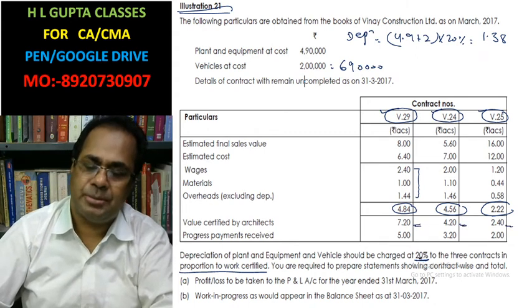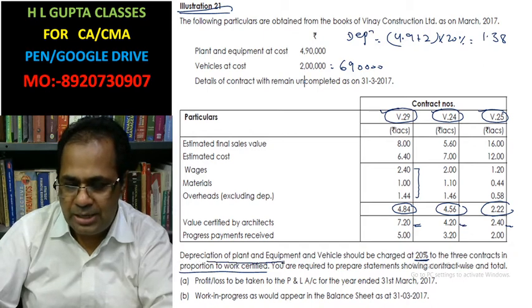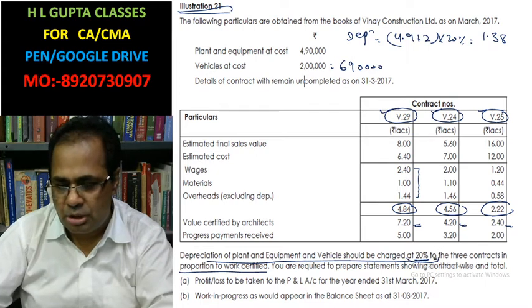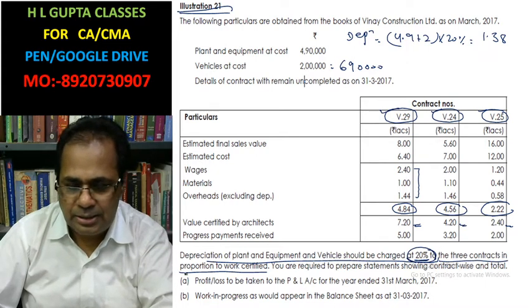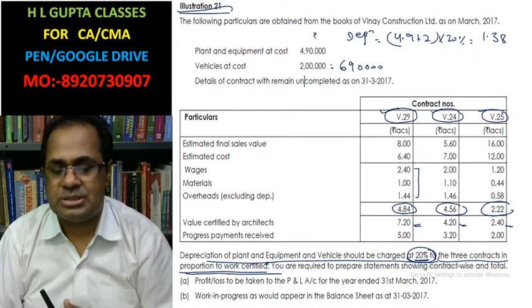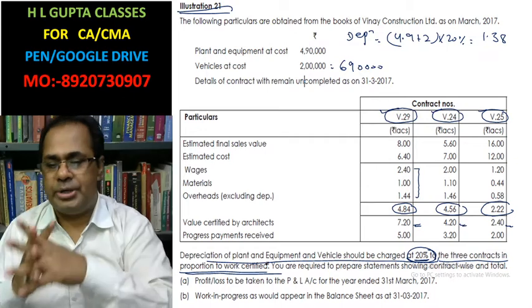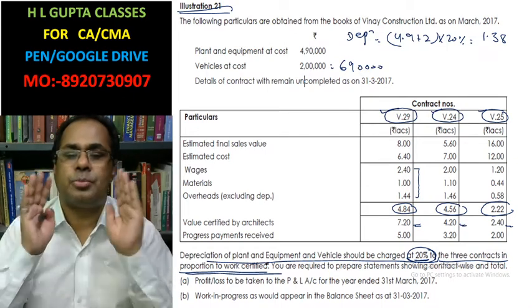This information is given here. What is it saying? Please read: depreciation of the plant and equipment and vehicles should be charged at 20%, and this total depreciation is distributed among B29, B24, B25 in the proportion of the work satisfied.